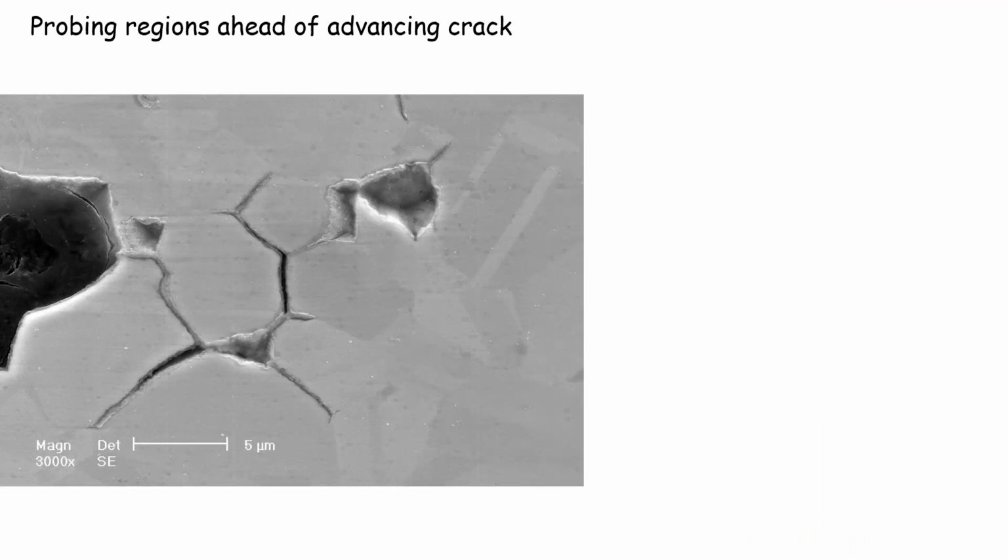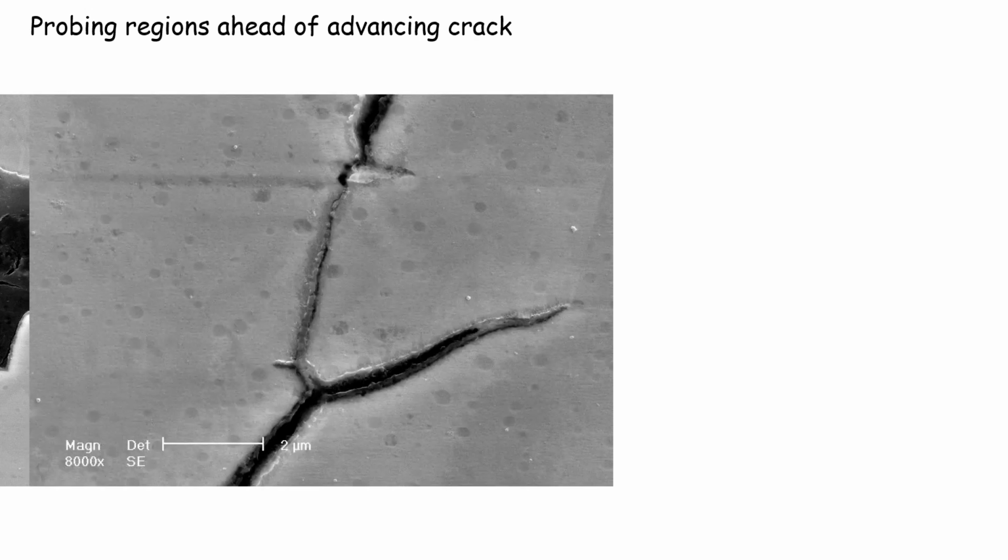It's probing regions ahead of an advancing crack. Next one. Suppose a component has a crack along the grain boundaries, and then the cracks can extend. As the crack extends, the oxygen can get into those cracks, and it can start oxidizing the elements in the alloys there.